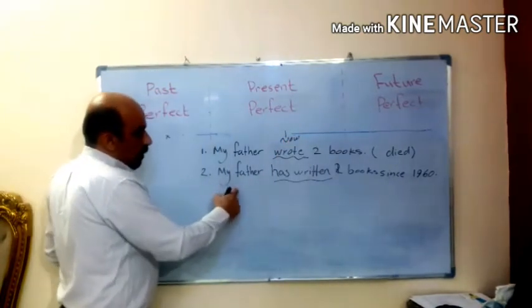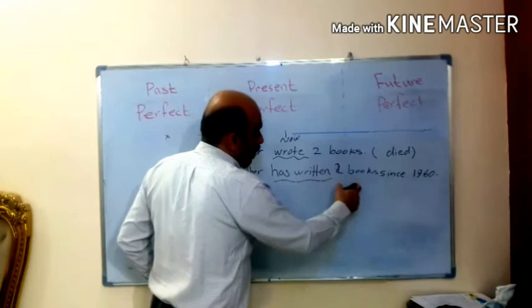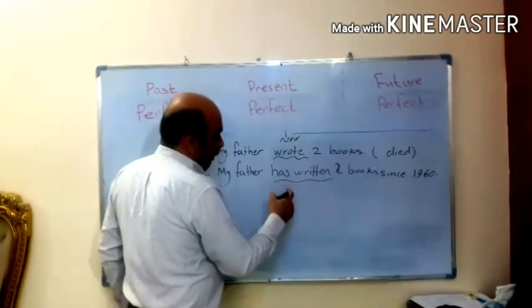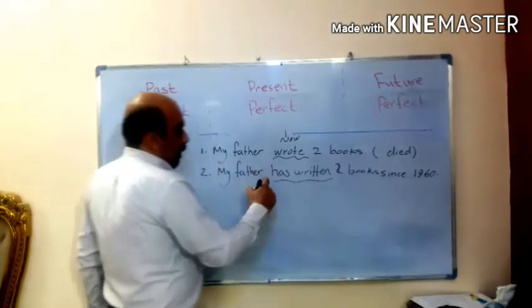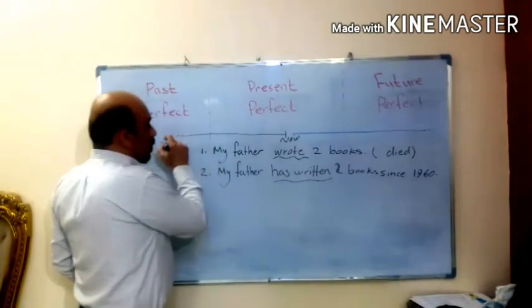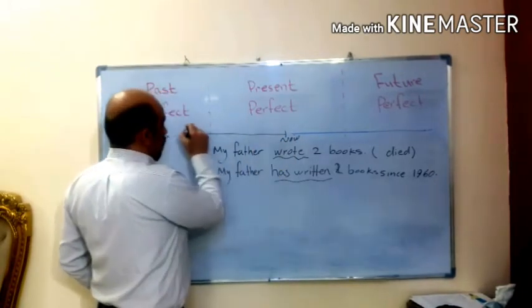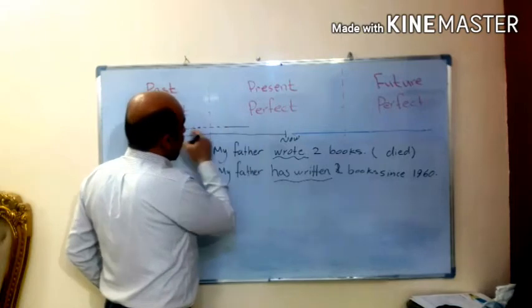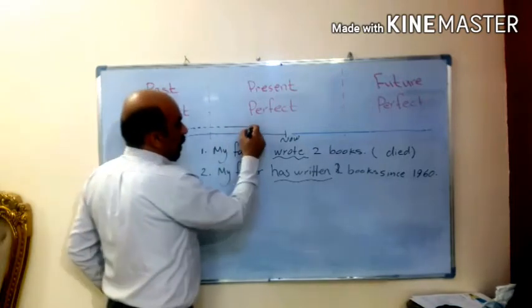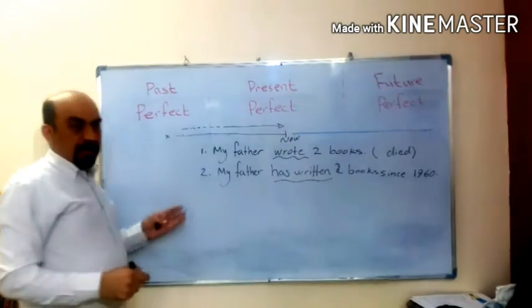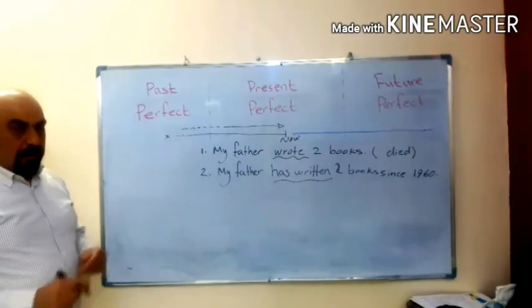Whereas the other one, my father has written 2 books since 1960, which is present perfect, has a relationship to now. That is, the past action started in the past and has a relationship to the present time. This is the difference between them.